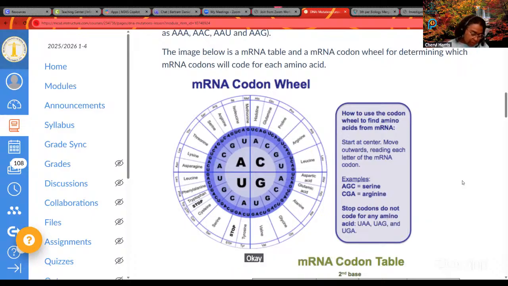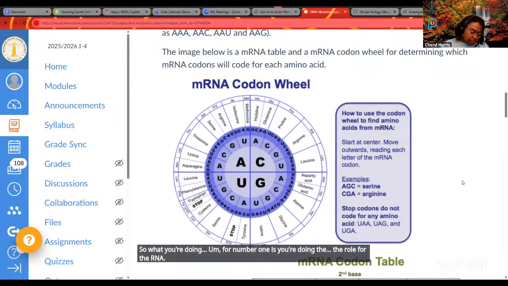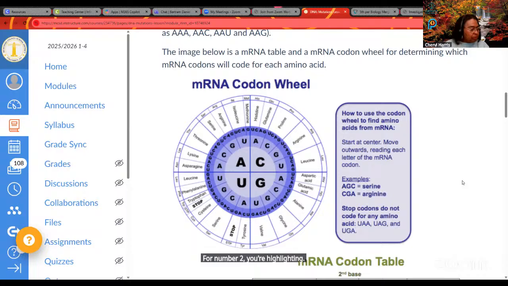Okay. Number 2 wants you to highlight the amino acid produced. And so what you're doing for number 1 is you're doing the row for the RNA. For number 2, you're highlighting the third row with the amino acid. And then you're answering the question for number 3. So everybody be working on that right now.